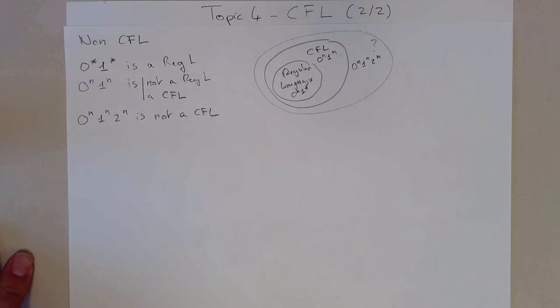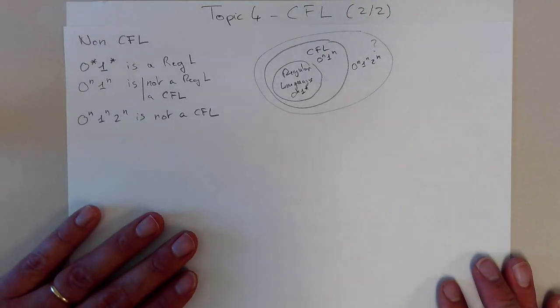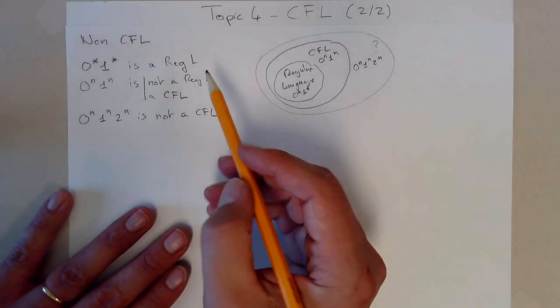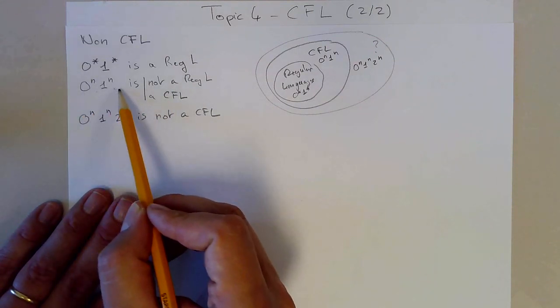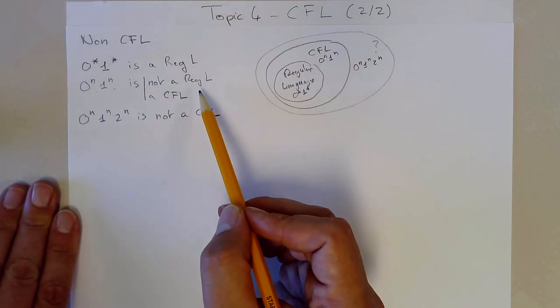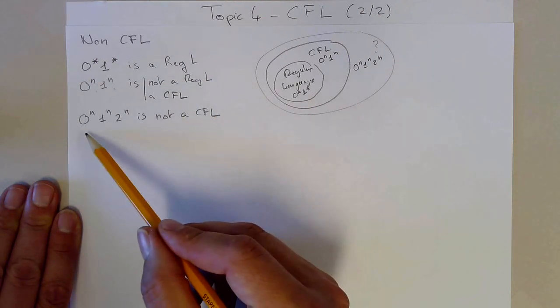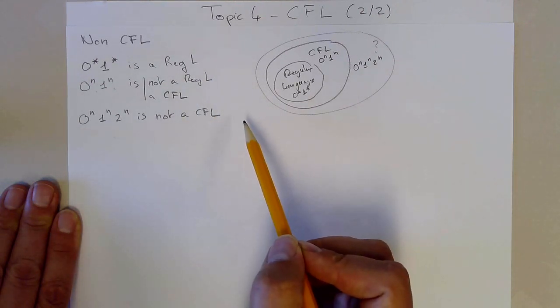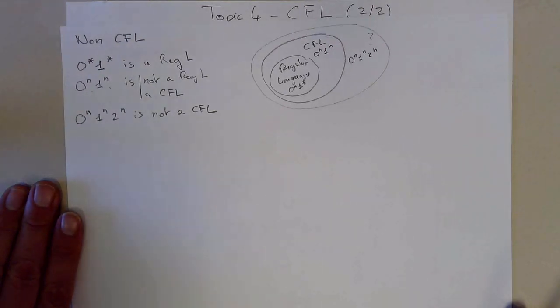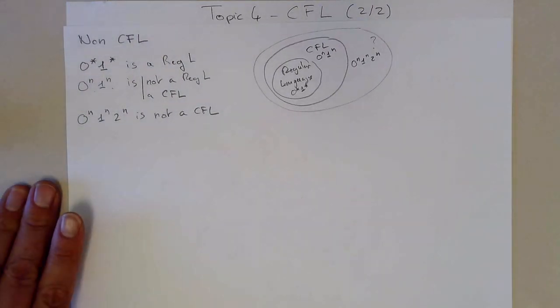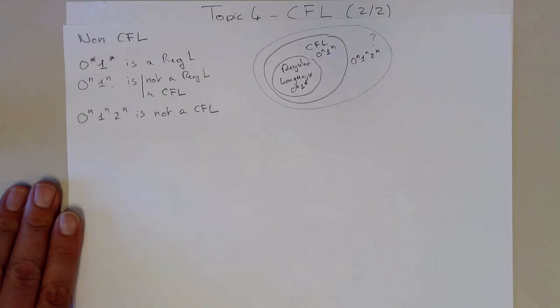As always, showing something negative is often harder. So how do we do that? Well, just like we did to show that 0^n 1^n was not a regular language using the pumping lemma, we're going to use a pumping lemma to show that this is not a context-free language. There is a pumping lemma also for context-free languages, and it is really a similar principle.